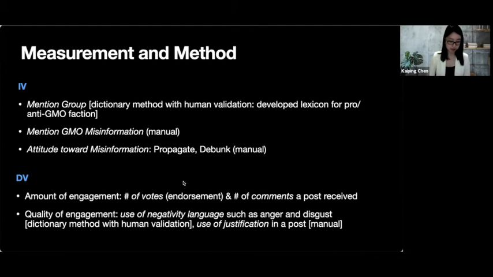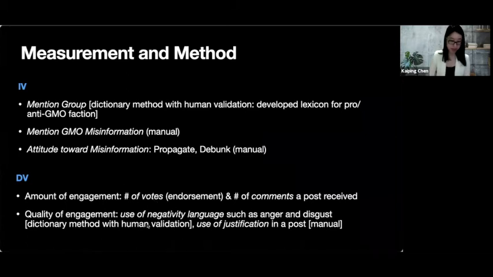And then for the dependent variable, we're looking to measure two dimensions of public engagement. One is the amount of engagement, which is the number of votes and the number of comments a post received.